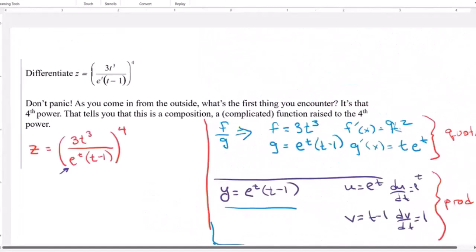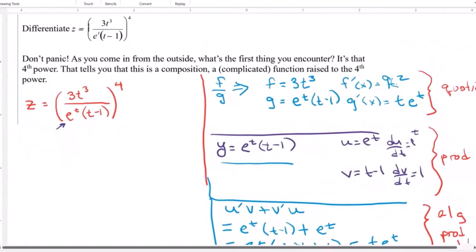Now, if I go back up to the top, I say z is equal to, okay, I'm just going to put a little piece in here. We've used U's and V's and F's and G's too much.